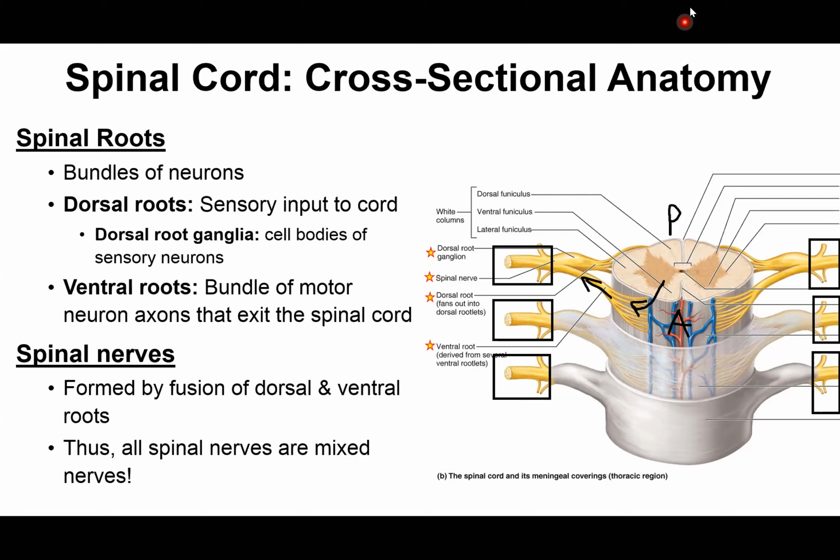They have both pathways. They start to break up once we get into the spinal cord. But when they exit the spinal cord, so coming off of the spinal cord, going out to the body, these spinal nerves are mixed nerves, right? They have both sensory and motor function.